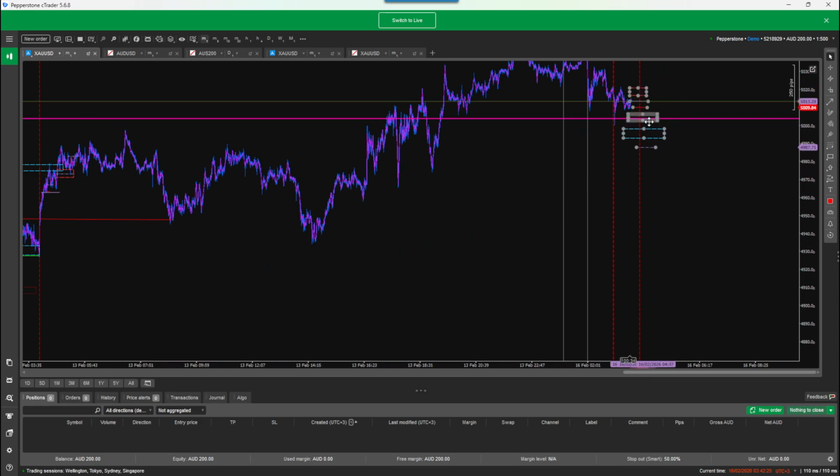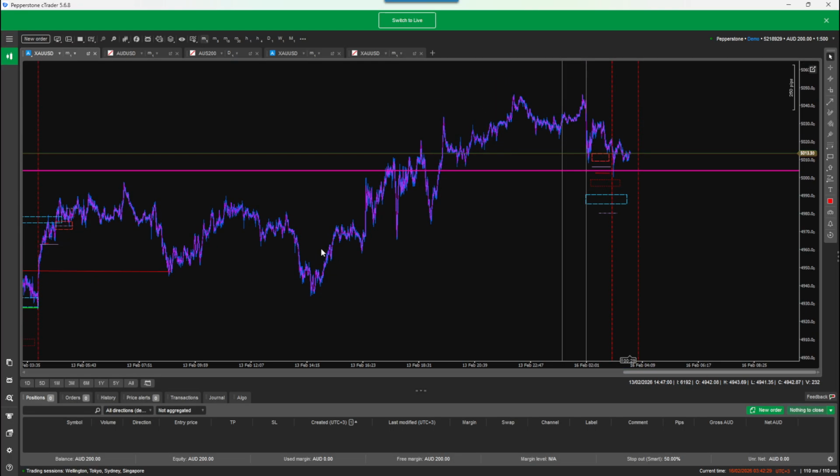These colours can be whatever you want them to be.